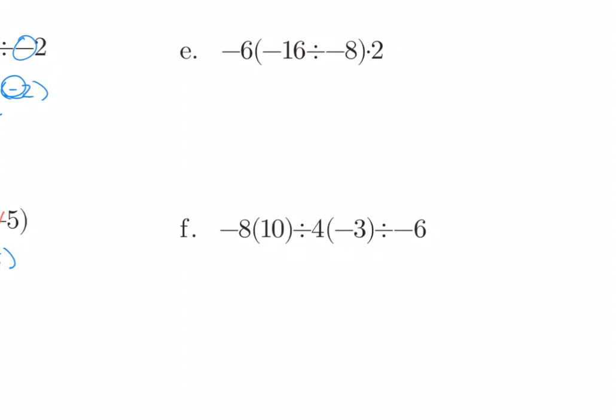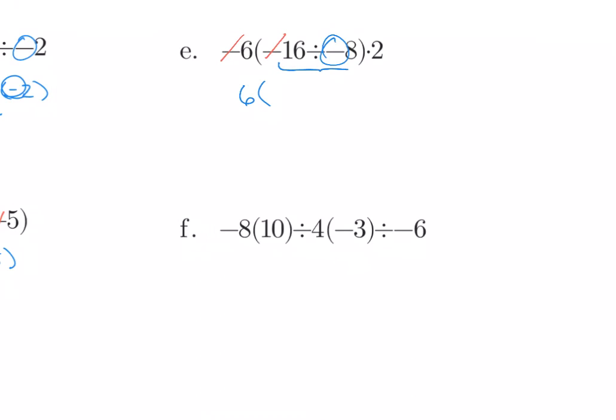All right, last two problems. Let's start off by canceling negatives. Again, you can cancel any negatives that you want. We're just going to do it in pairs. So I have 1 negative left over. My answer will be negative. All right, so if we go ahead and do this, we get 6 times.